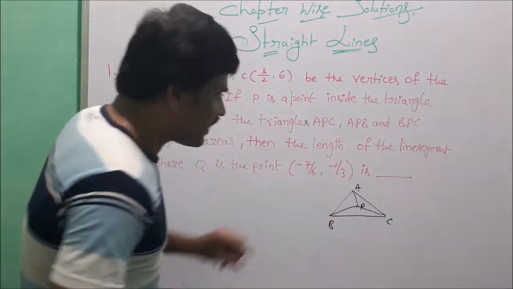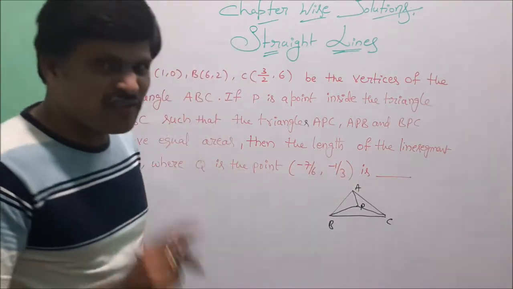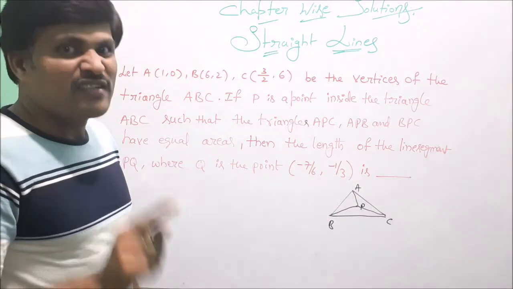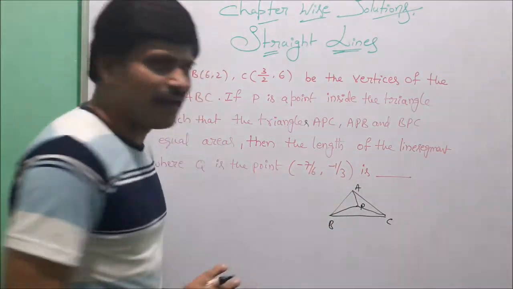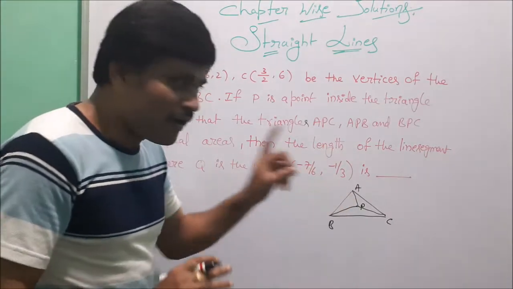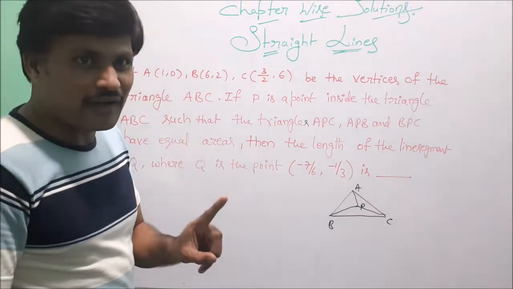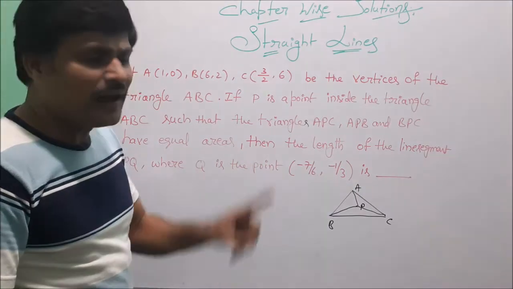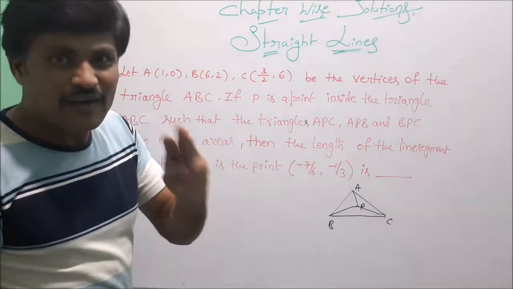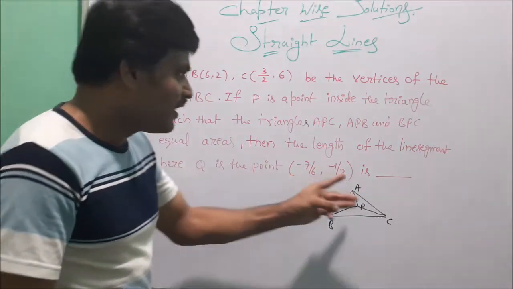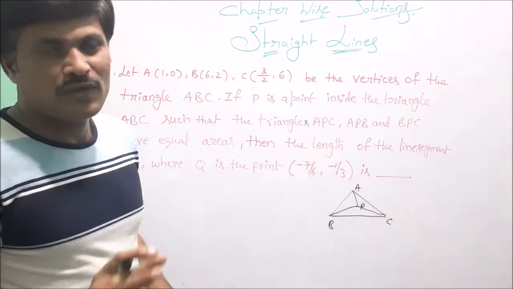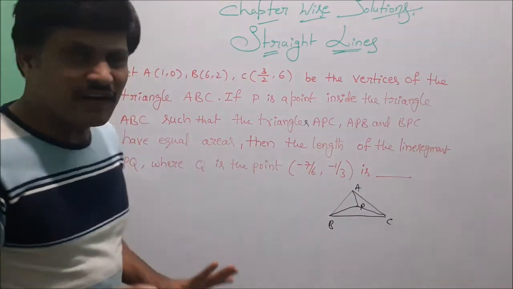So here we observe that this type of point is called the centroid of the triangle ABC. Here the point P is the centroid of the triangle. The centroid alone divides the total triangle ABC into 3 equal area triangles. So first we find the centroid.